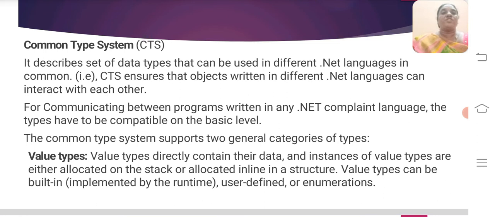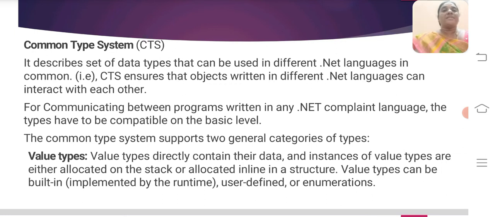So this ensures objects written in different .NET languages can interact with each other. For communicating between programs written in any .NET compliant language, we need type compatibility, so all data type definitions will be available in this CTS.